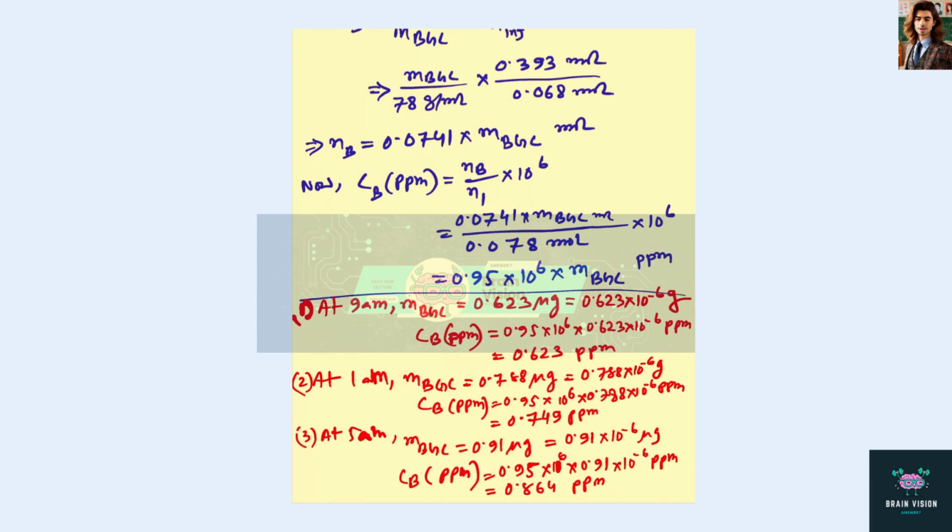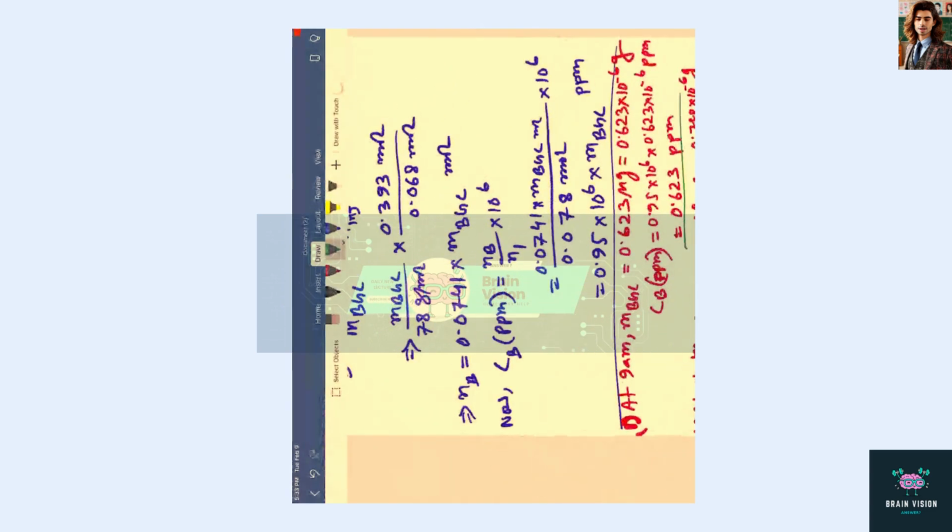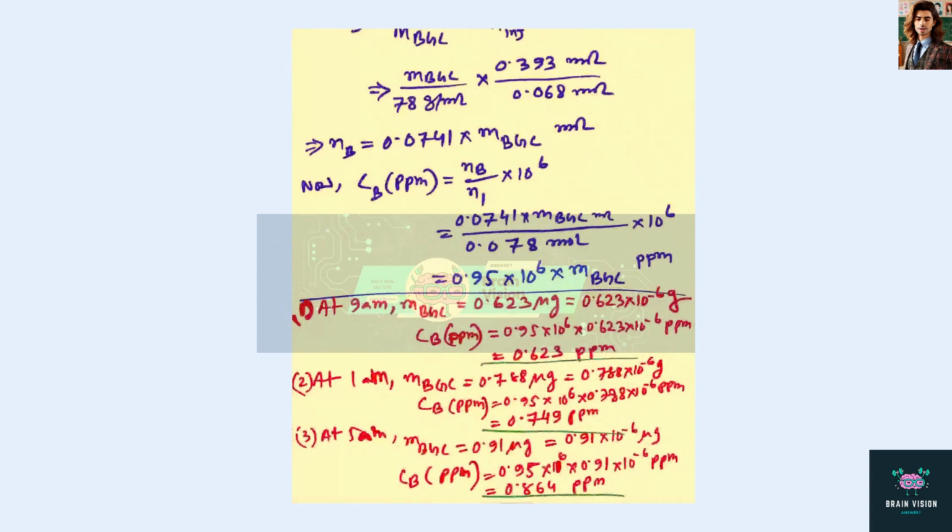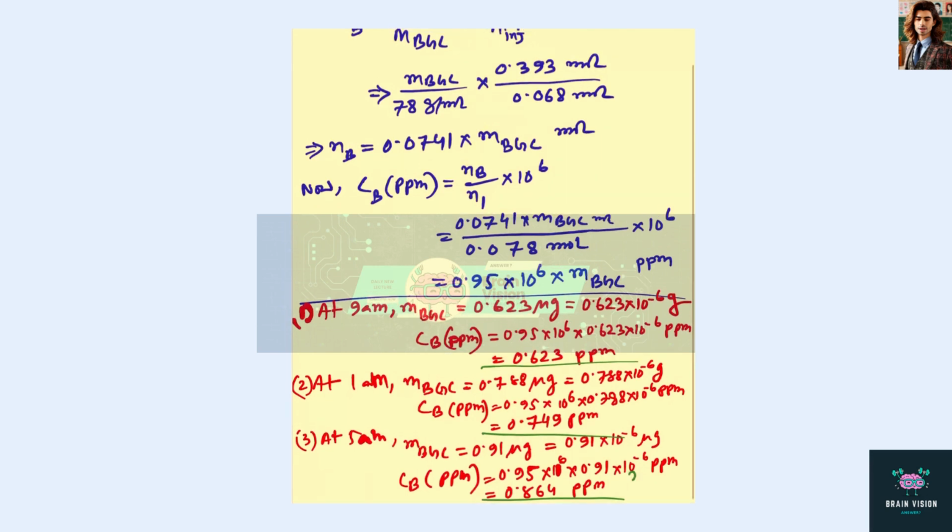So now we have three concentrations: 0.623 ppm, 0.749 ppm, 0.864 ppm, and all these values are below the permissible exposure level. Therefore, we can say yes, the average concentration of all three conditions is below the PEL.